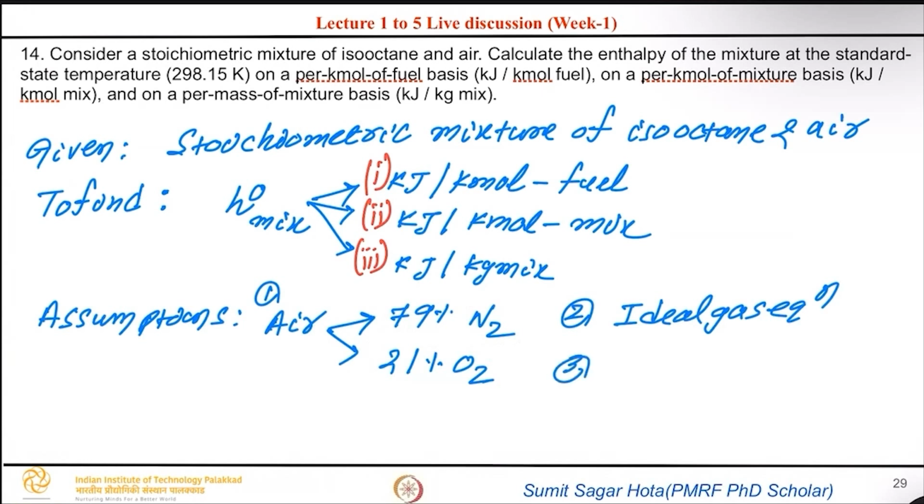Third, H is equal to HF only. Okay. Why? Standard state condition. Okay.